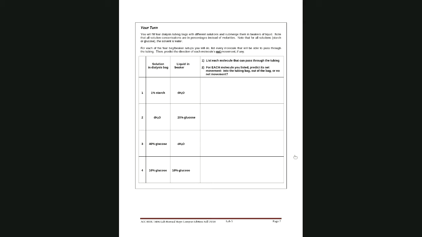If you say movement of water is occurring, then you would indicate it's occurring in both directions. But if it's net movement of water, not only is water moving in both directions, but there are more water molecules moving in one direction or the other.